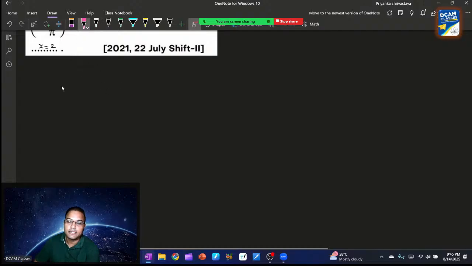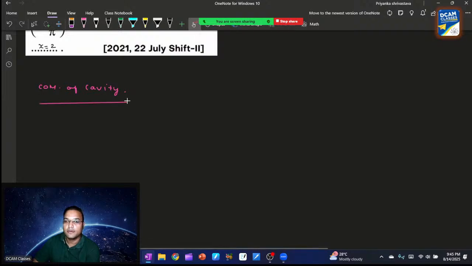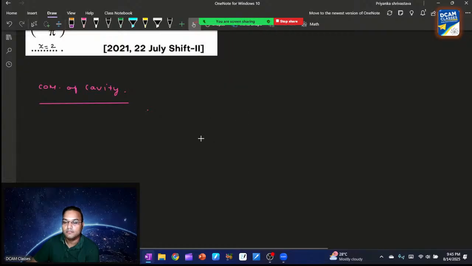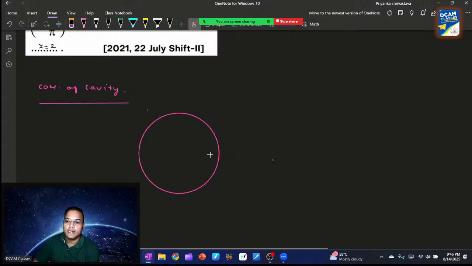This one is interesting that I'm going to tell you, na? Center of mass of a cavity. Sometimes they ask you these kinds of questions. Here, some sphere is there. This is a sphere, a whole solid sphere. What they have done is created a cavity here.